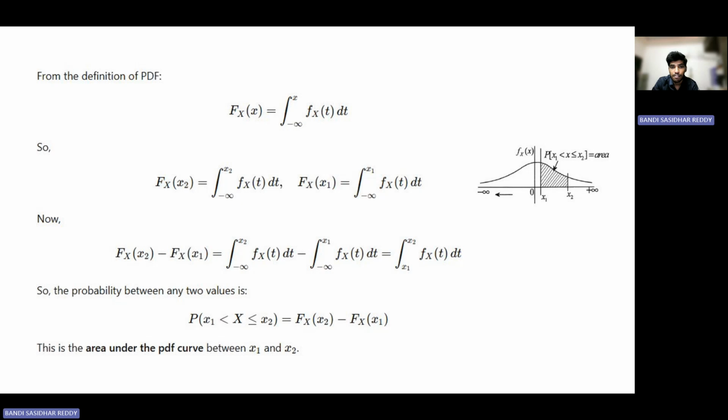Then F_X(x1), the integral from minus infinity to x1 of f_X(t) dt, is subtracted with a negative sign, which takes the values in reverse order, and it shows the interval x1 < X ≤ x2, so that the probability between any two values in the probability distribution function can be defined as P(x1 < X ≤ x2) equals F_X(x2) minus F_X(x1).